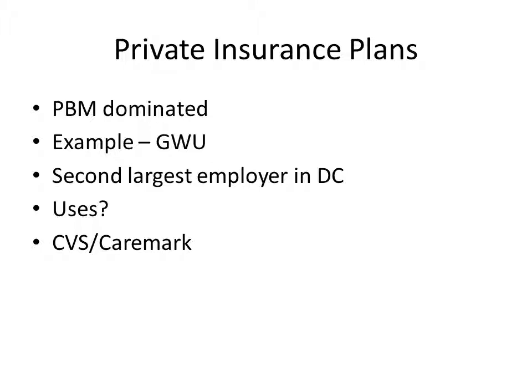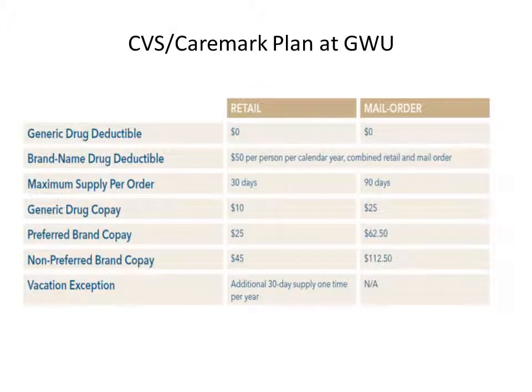The CVS Caremark plan that we're being offered is not so different from any other plan that you might see out there for buying prescription drugs. The mail order is cheaper. And that makes sense because you get rid of the bricks and mortar, which means you get rid of the building, you get rid of the people that are involved, and so on.